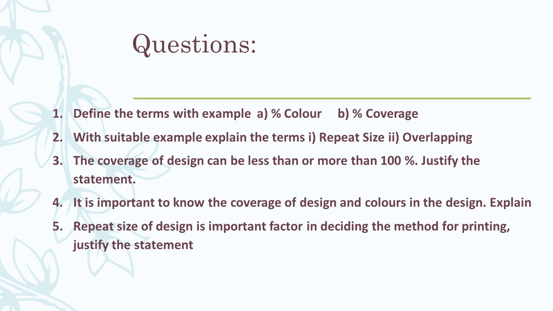Third is, the coverage of design can be less than or more than 100%, justify the statement. Next is, it is important to know the coverage of design and colors in the design, explain. And fifth is, repeat size of design is important factor in deciding the method for printing, justify the statement. So based on repeat size, as I told, you need to select the method for printing.